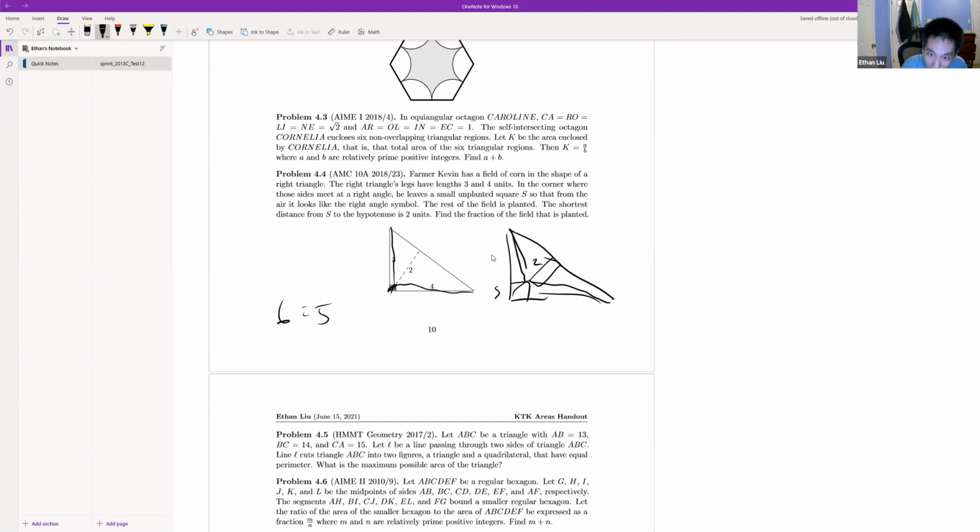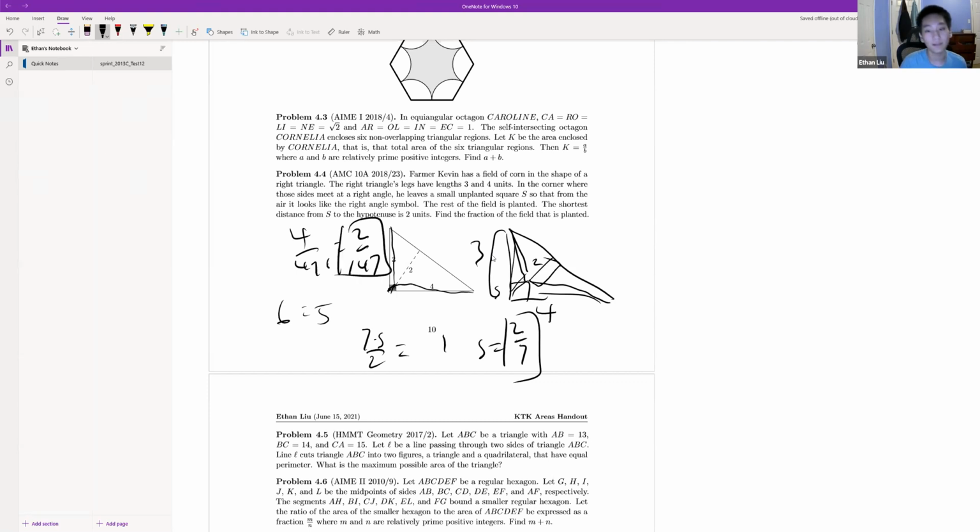So the sum of the areas of these little 2 triangles is 1, right? But this is also 7 times S, the side length, over 2, because they have bases 4 and 3 respectively. And so the side length of the square is 2 over 7. And then it's easy. It's just 4 over 49 over 6, which is 2 over 147, which is the answer.